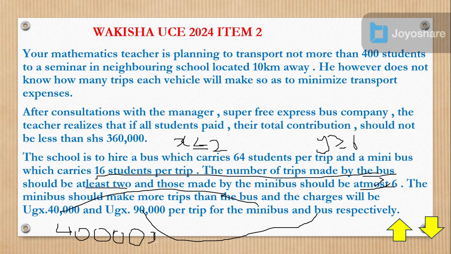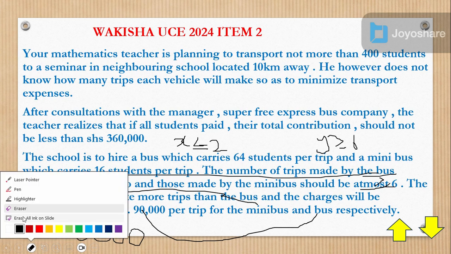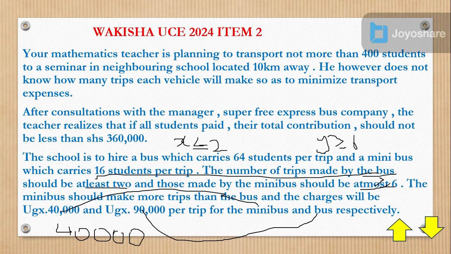Okay, so we have 40,000 is for the minibus, and minibus was Y, and means a plus. Then now the 90,000 X.